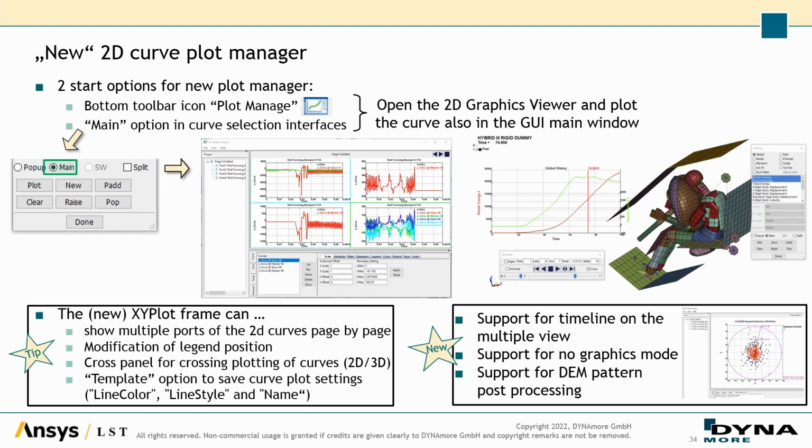And in the curve plot window, you can show multiple 2D curve plots page by page. Also, modification of legend position is possible. A cross panel for cross plotting of curves is possible directly here in this curve plot manager. And a template option to save curve plot settings, line color, line style, and name is available.